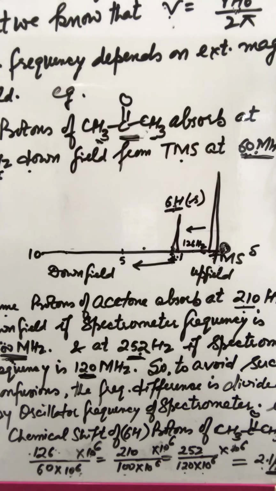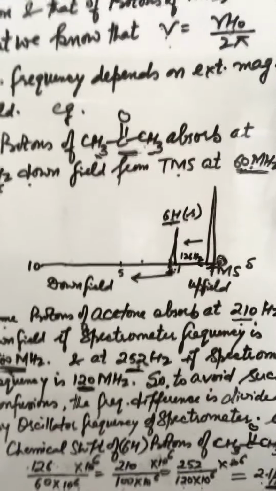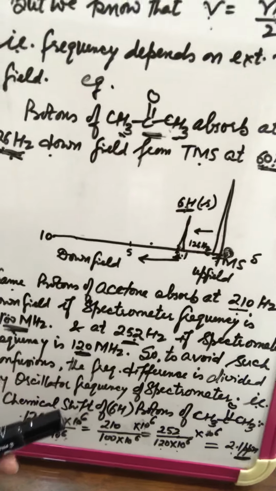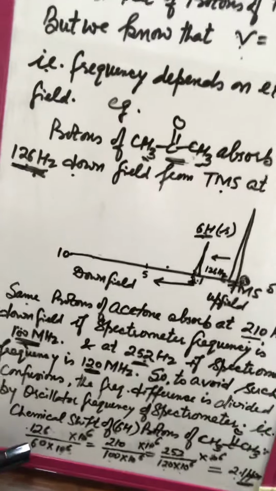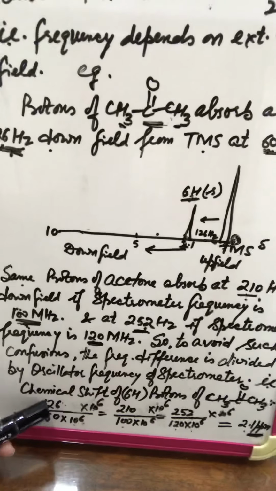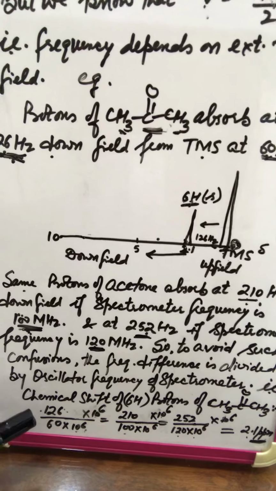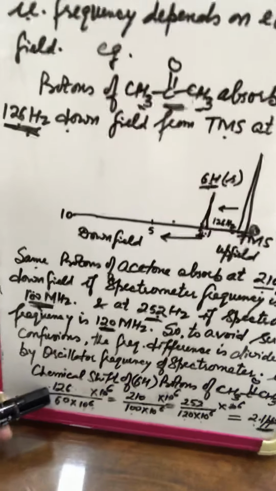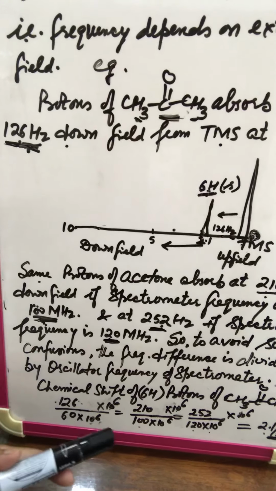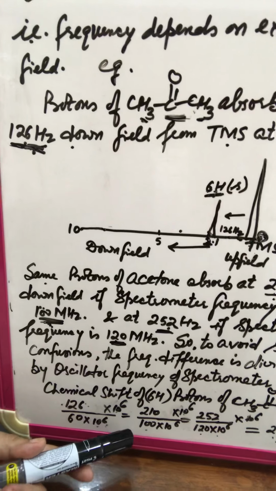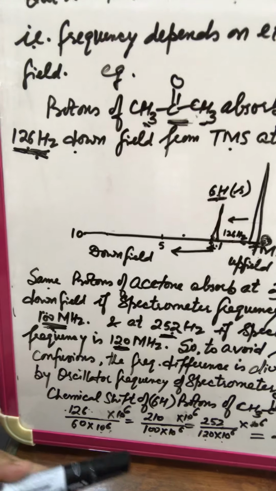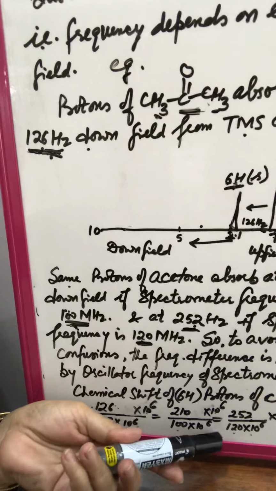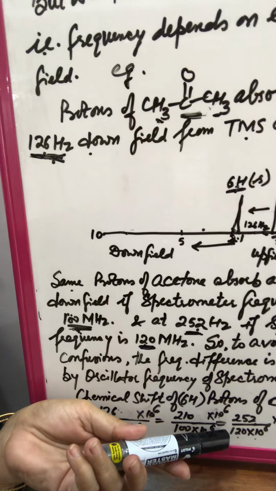So the solution was to divide the frequency difference with the frequency of the oscillator. See, here I have written 126 divided by 60 into 10 raised to power 6 is equal to 210 divided by 100 into 10 raised to power 6, and 252 divided by 120 into 10 raised to power 6.